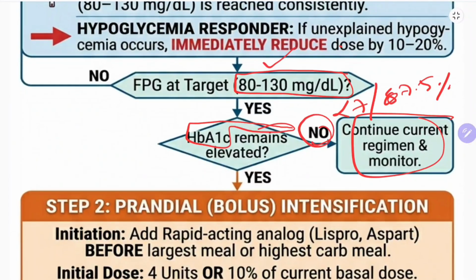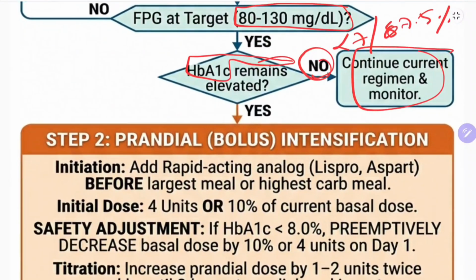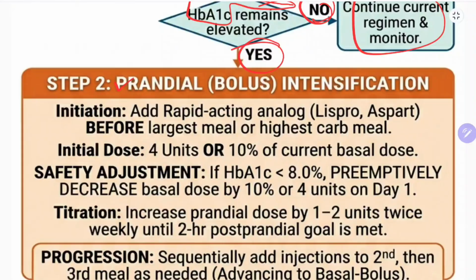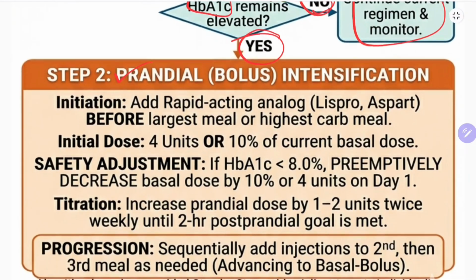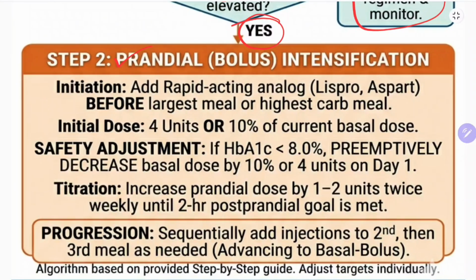But if fasting plasma glucose is at its target but HbA1c is still elevated, then you will add a prandial bolus dose. Okay, so now we will learn about prandial insulin.